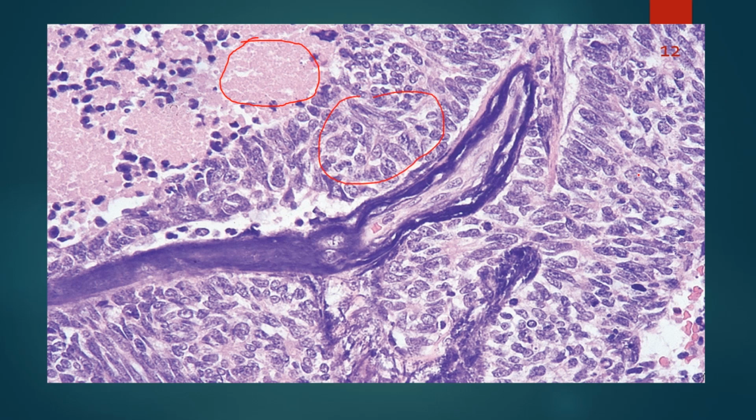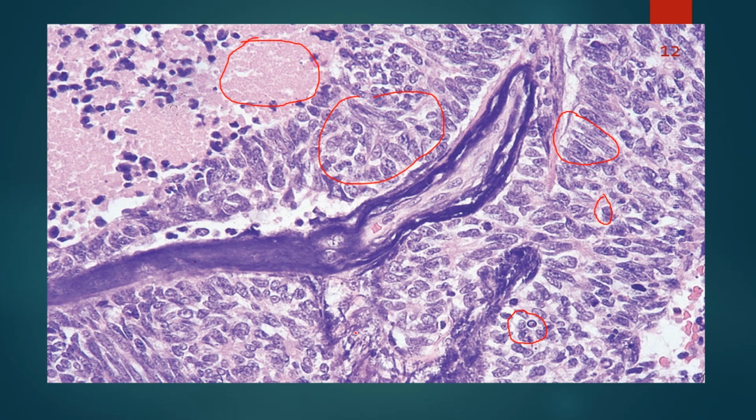Now the cells vary in shape. Here you can see a bit round cell, in this area a round-shaped cell in the center here. And then there are spindly and fusiform kind of cells like here, but this tumor appears more blue in comparison to the previous ones, and these have a scant cytoplasm.